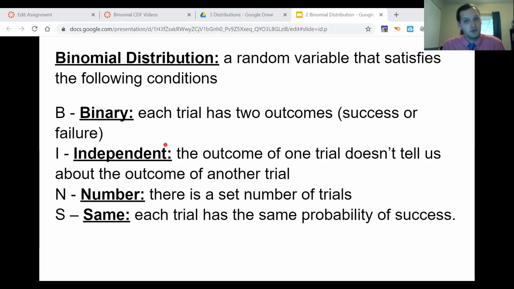It could be 0, it could be all 10. Is it likely that it's 0 or 10? No. It's more likely going to be like 5 or 6, which we'll get into a little bit later. Then finally, S is that each trial has the exact same probability. For example, flipping a coin, each trial has a 50% chance of being heads. That's it. So, BINS.